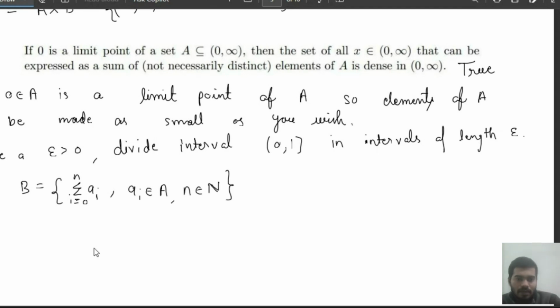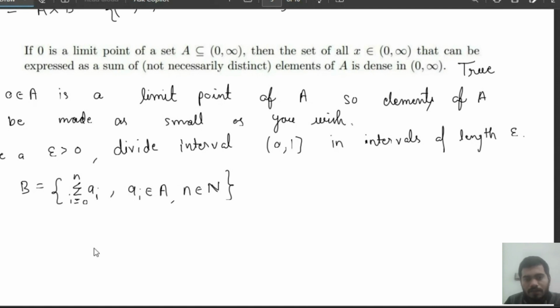B is the set which we want to express. B is actually the set of all elements that are expressed as sums of elements of A. Okay, so call B as this.